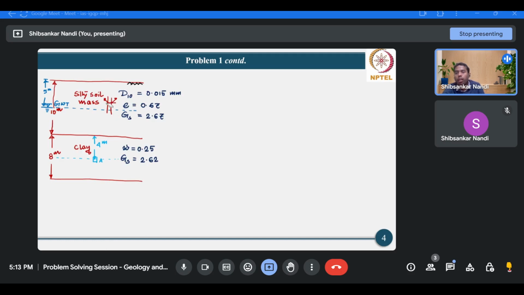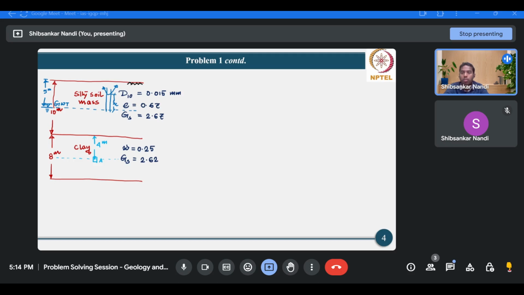Now how can we calculate it? First of all, we can calculate it from the fundamentals, equating the forces in the vertical direction.